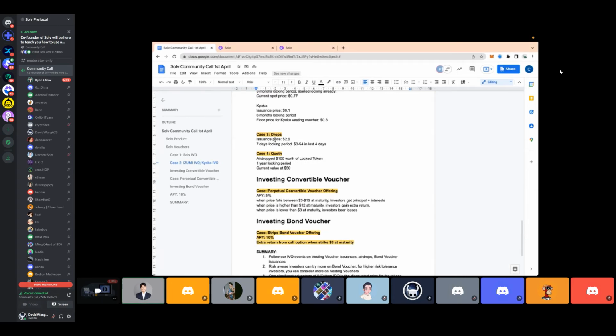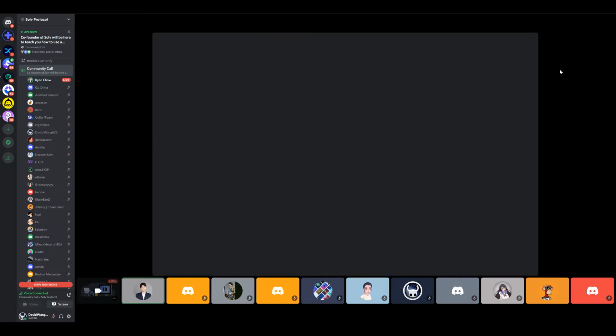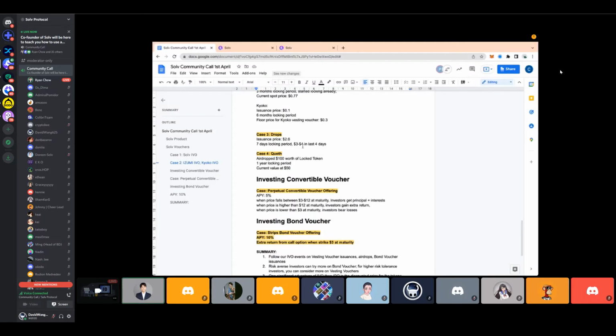And case 3 would be jobs. This is a very interesting case, and the point here is that it's only a 7-day locking period. So it's a vesting token, it's lock tokens, but it's only 7 days of locking. So when you got this vesting voucher, the tokens would be released very fast, and once you got the tokens, you can just sell them.